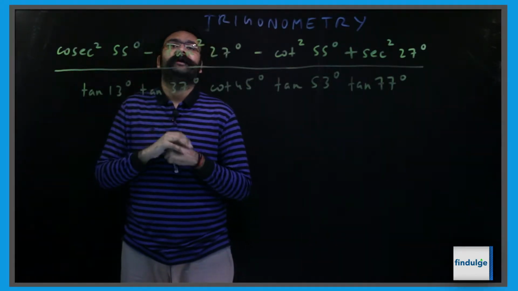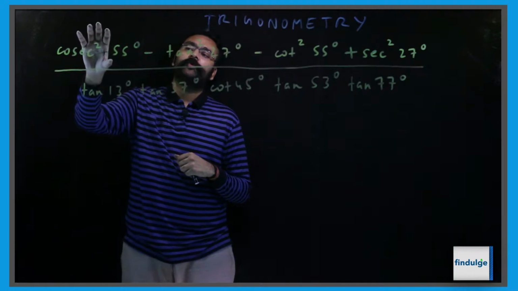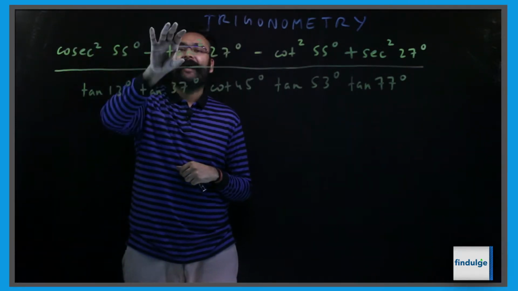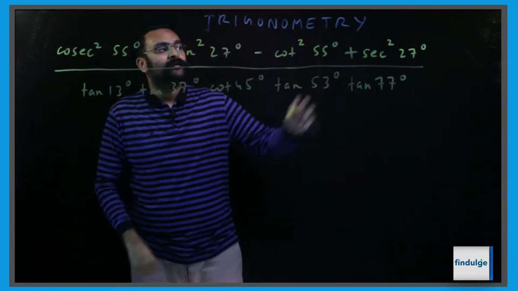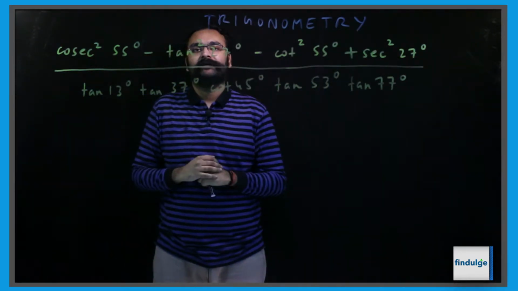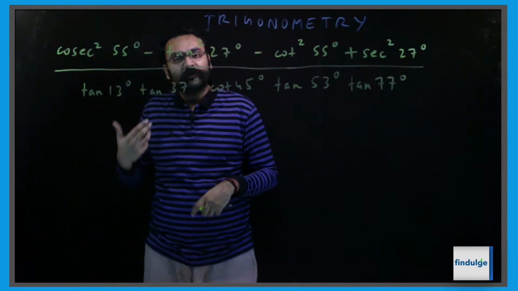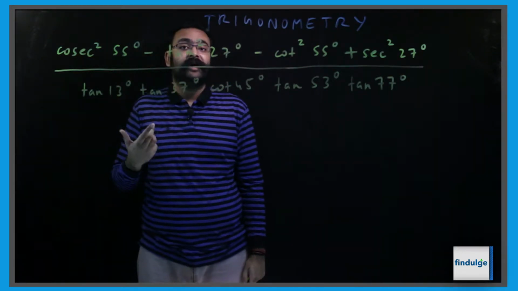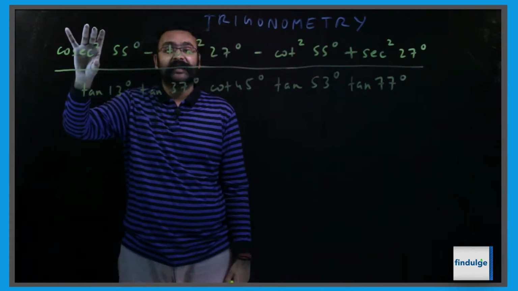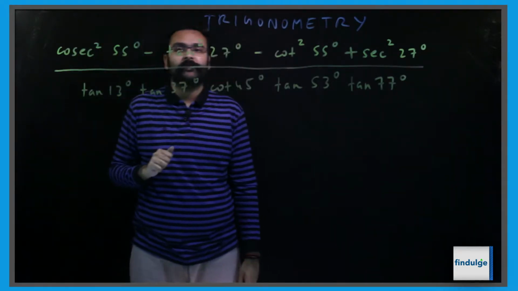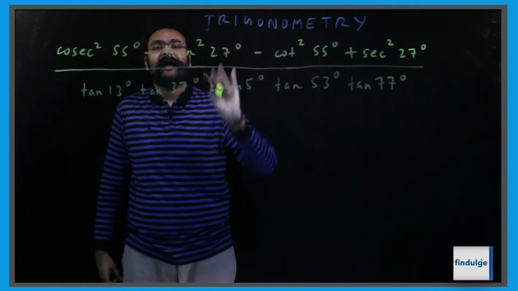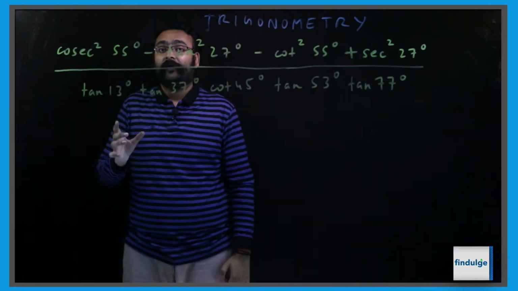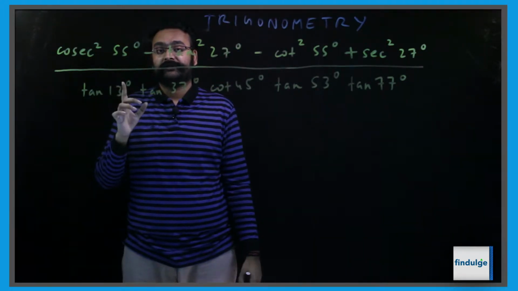Now if I look at my numerator first, I have cosec square minus tan square minus cot square plus sec square. As I start thinking of my identities, I know that I have an identity that connects cosec square and cot square. I also have an identity that connects sec square and tan square. Now, what are those identities?